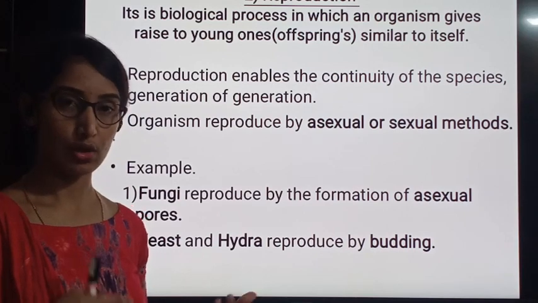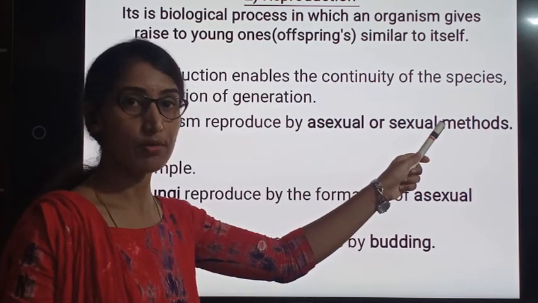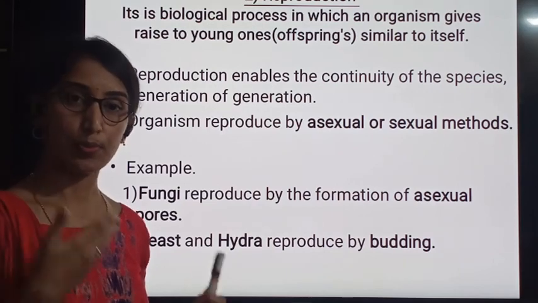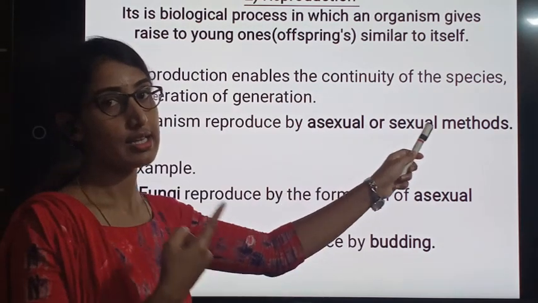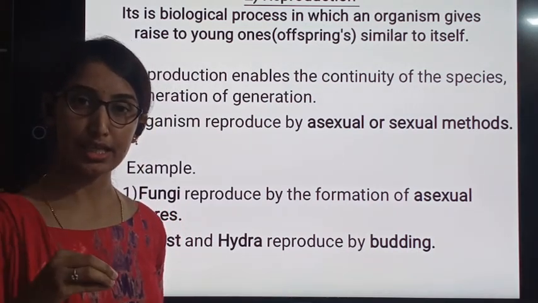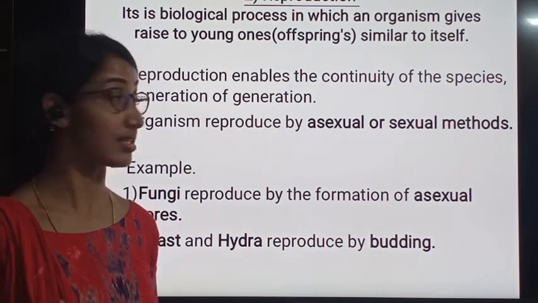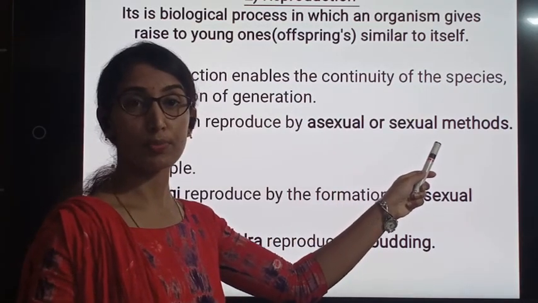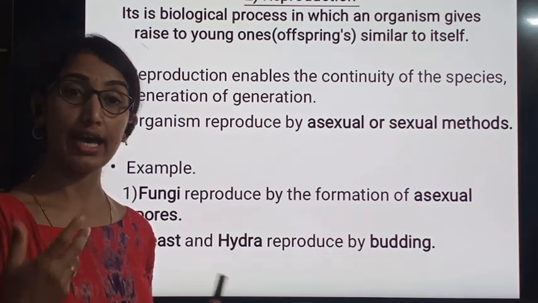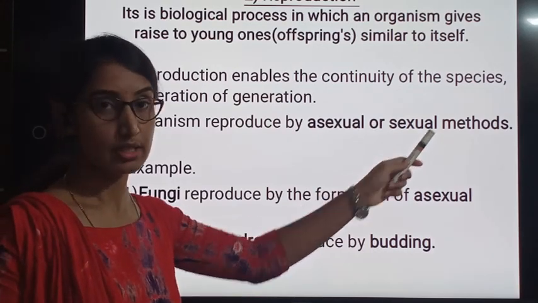This we know, and we also study in detail in further classes about asexual and sexual reproduction. Asexual reproduction means reproduction takes place without the involvement of sex organs or gonads. Sexual reproduction means reproduction takes place with the help of sex organs and by the fusion of gametes.